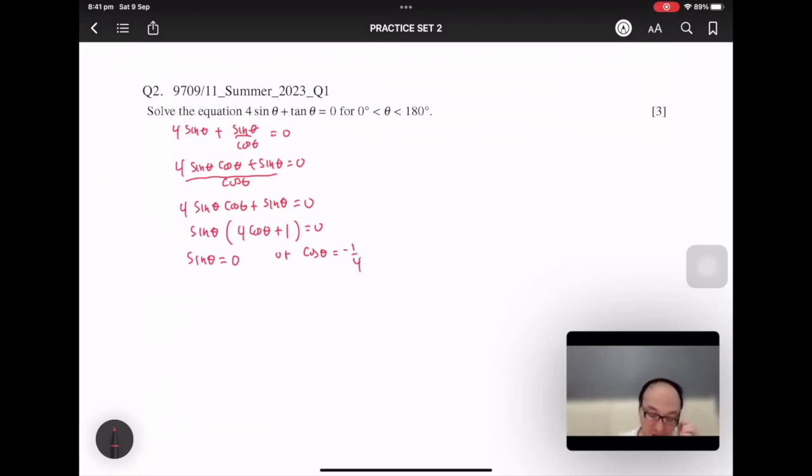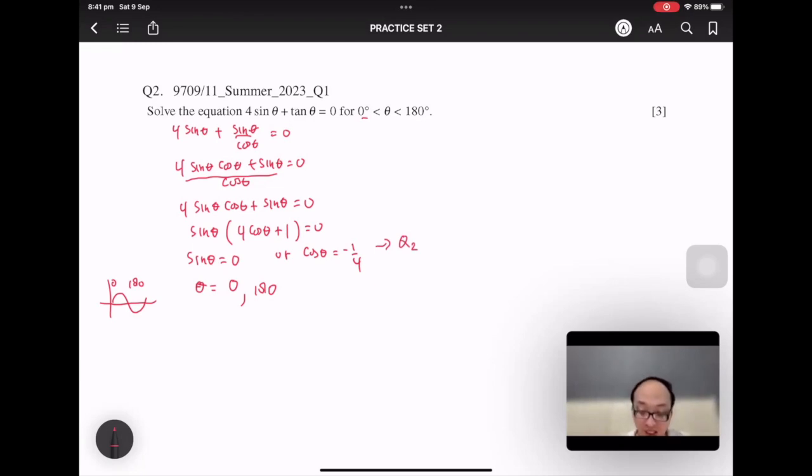So for sine theta equals to 0, we will have theta equals to 0, or it can be 180. Yeah, we know that sine of 0 and 180 is 0. And then for cos equals negative 1 over 4, it will be in the second quadrant and third quadrant.